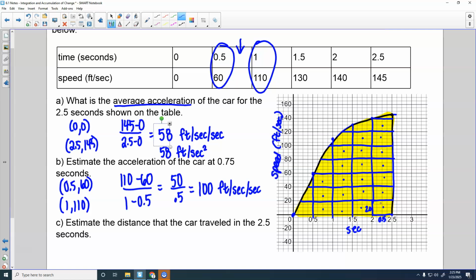So we definitely have at least 21 boxes, right? But then you're going to start, I'm going to say these 3 together right here, that's probably 1. So there's 22. Maybe if I put this piece and this piece together, there's 23. Maybe that's 24. 25. So they're each worth 10. So about 250 feet.